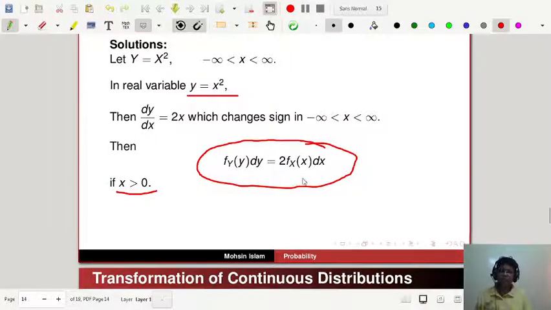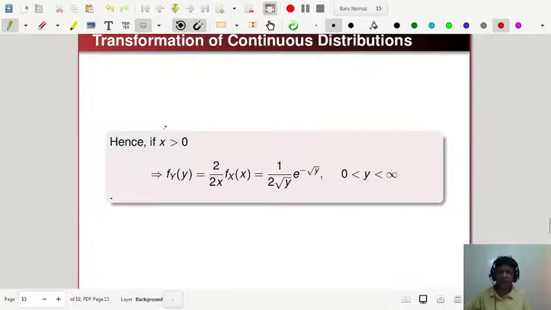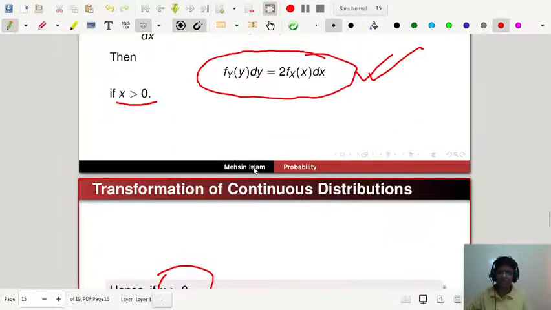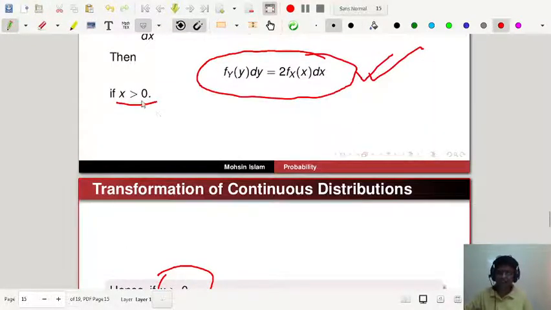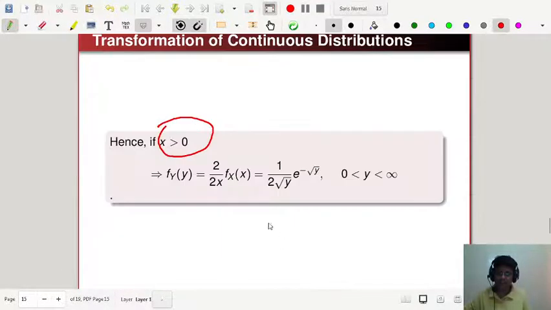Then using the probability differential, you will arrive at this relation. In the case x greater than 0, your fY(y) will be 1 by 2 into root over y e to the power minus root y, 0 less than y less than infinity, positive half. So this is your fY.